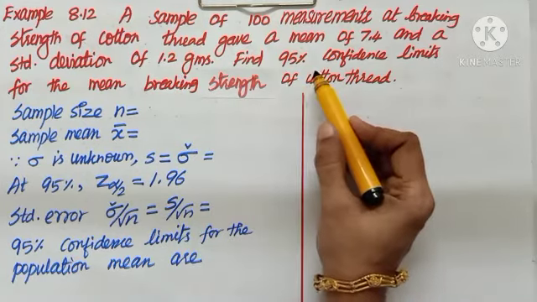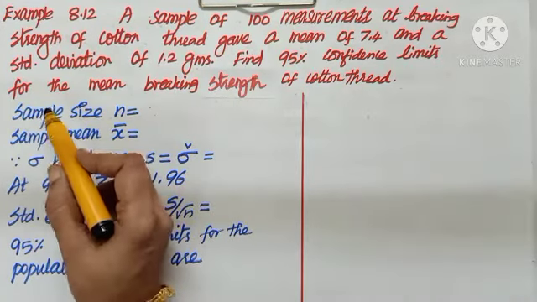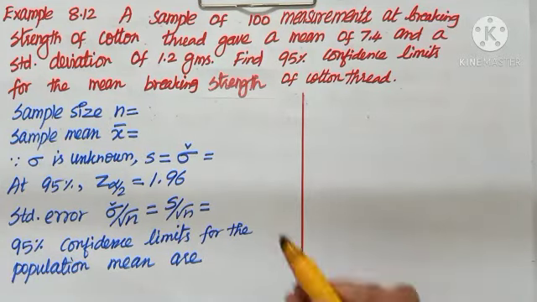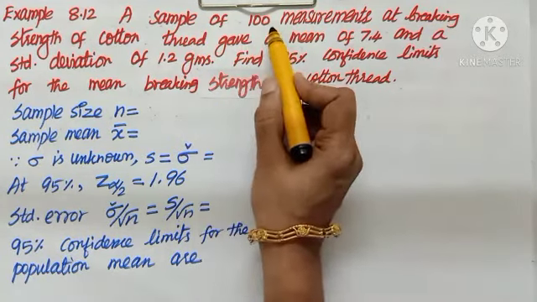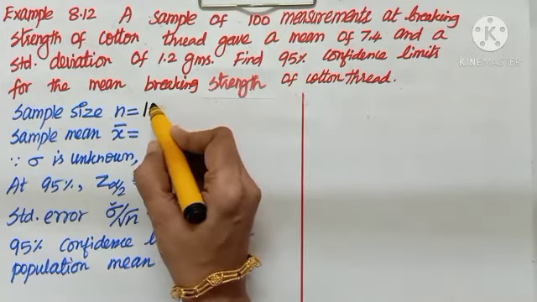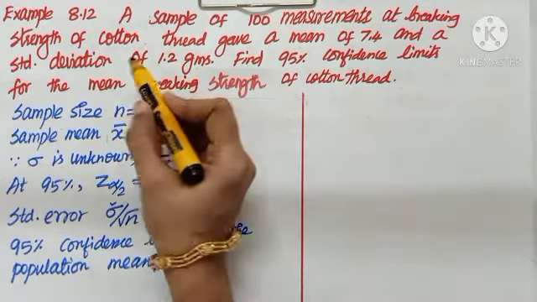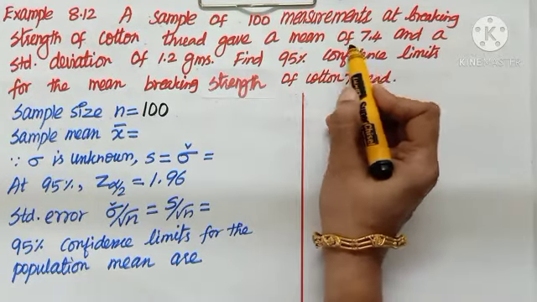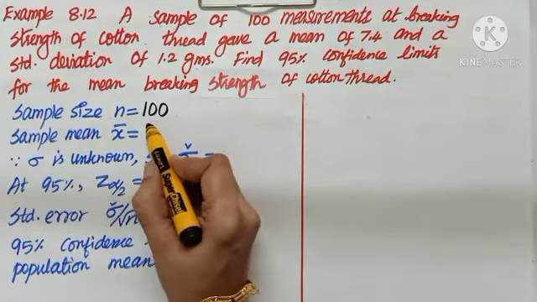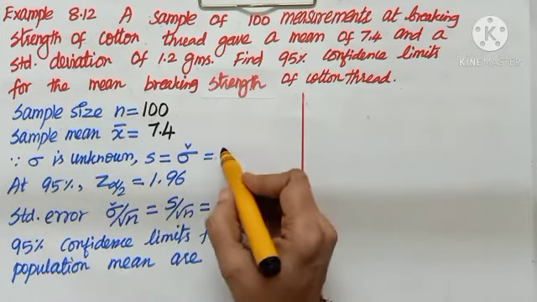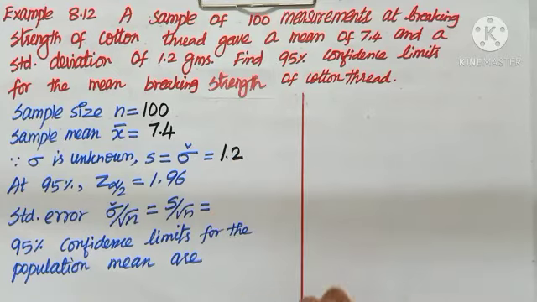Find 95% confidence limits for the mean breaking strength of cotton thread. Sample of 100 tells me sample size n equals 100. Gave a mean of 7.4 tells me sample mean is 7.4 and standard deviation 1.2 grams.